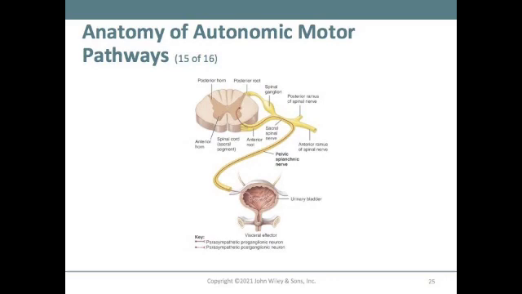Figure 15.6 on page 557. The gray matter is here, and this is the white matter around the outside. And you can see here that this posterior root leading to this ganglion, the signal is being derived from the gray matter. And then it shows it on its way.